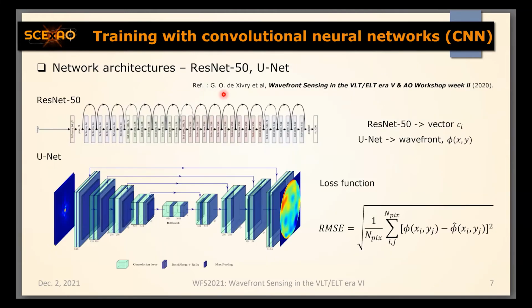For training, I used the ResNet 50 and UNet neural networks, which have already been verified in Jiao's research. The output of the ResNet 50 is the vector of the Zernike coefficients, and the UNet outputs the wavefront map directly. And the loss function is like this. I applied literally the same method as Jiao's.